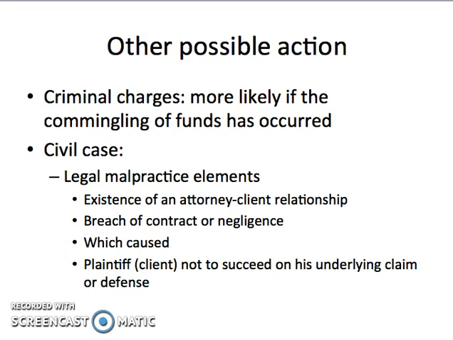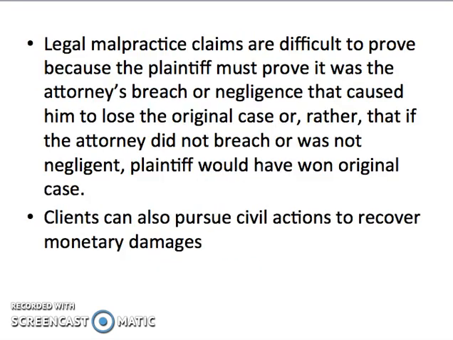So these can be very challenging cases, and it can be very challenging for clients to find attorneys to take these cases. And they can get very frustrated because they feel like they're being shut out intentionally. And that's not the case. It's just that these are very difficult cases to win because of all the variables that go into it. But that is what a party would need to prove in order to win on legal malpractice.